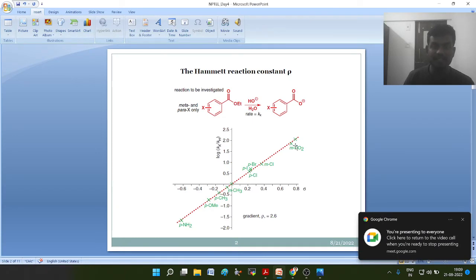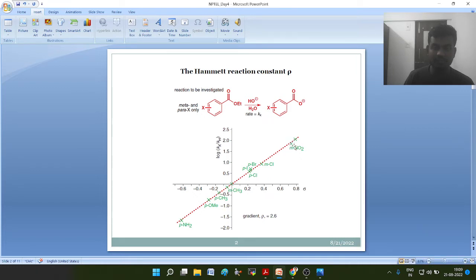So what we see is that when we have meta nitro, the green point appears at the top right corner, right? So basically it means that it has a sigma value around 0.7 or 0.8, and the rate is high. Rate is high in the sense that log of kx by kh is like 2. So it's a positive value.